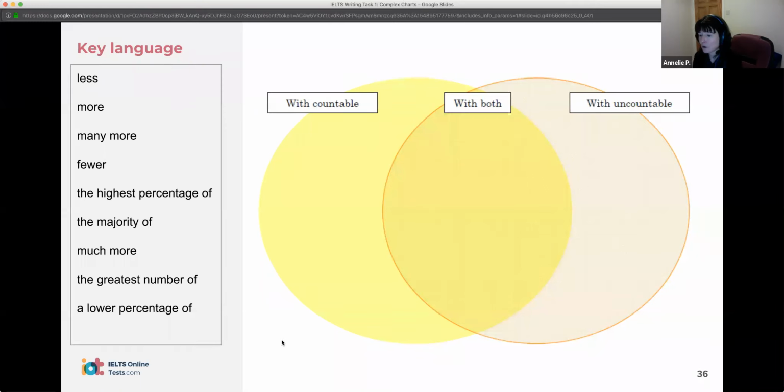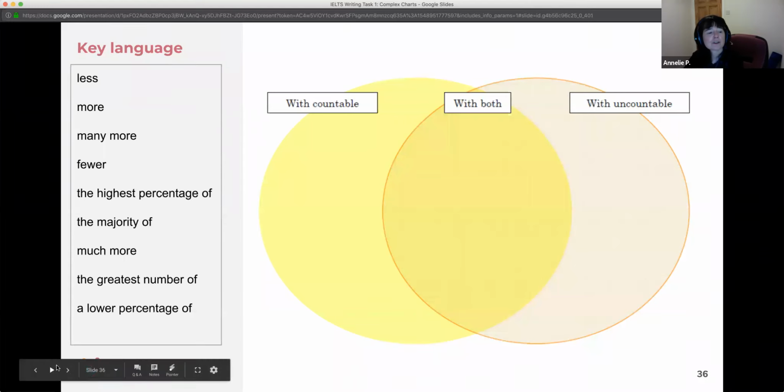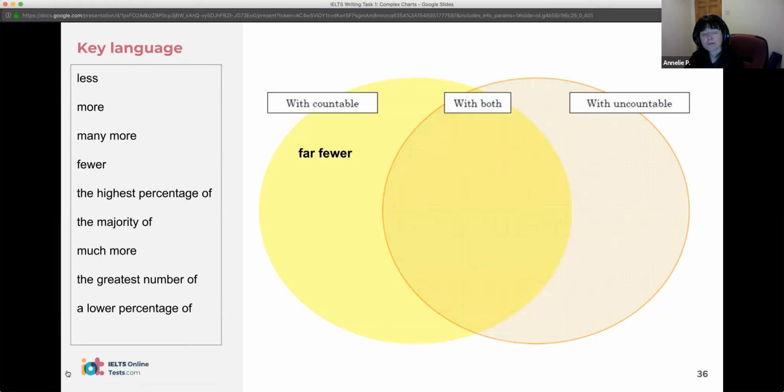Okay, many more and fewer. Okay, the majority of. Be careful, be careful. Yeah, countable needs to be many, remember. Okay, very good. And what would you put in the middle? What can you use with both? So we've got fewer, okay, or far fewer.